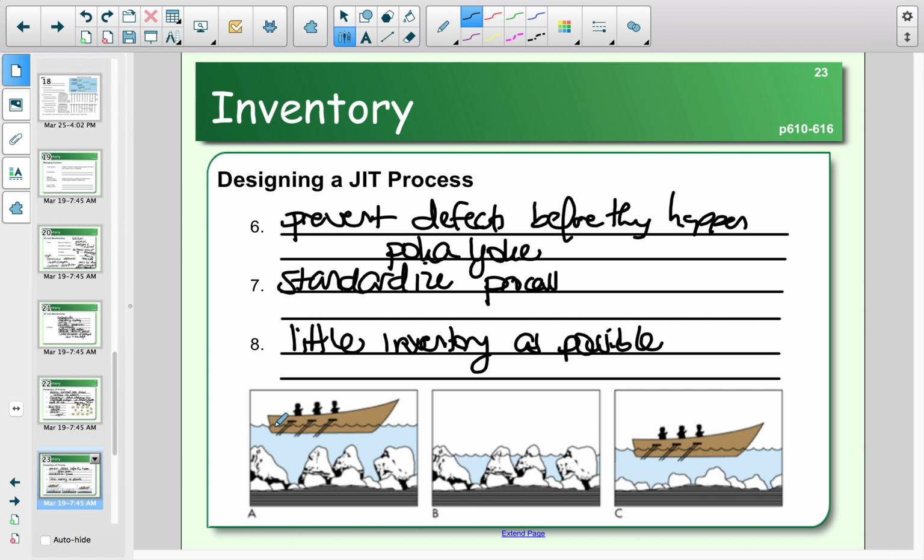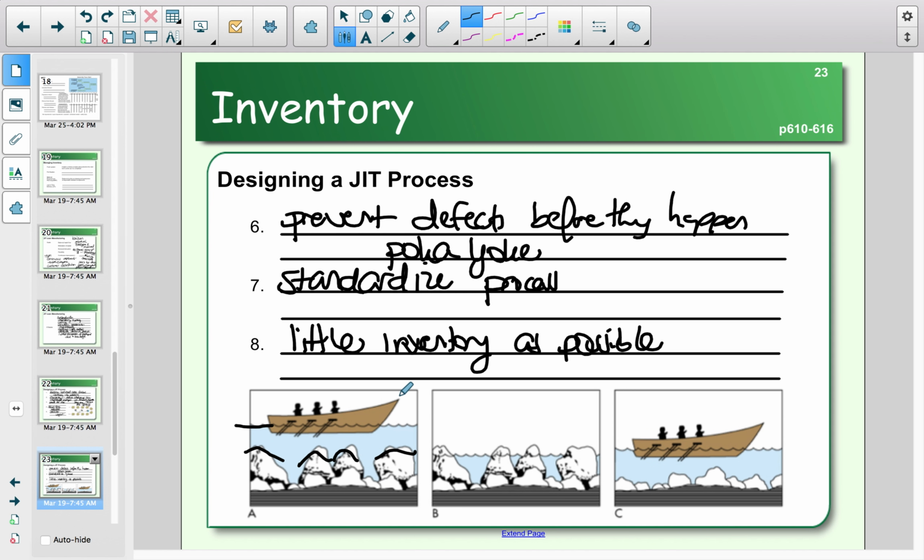The idea with just-in-time management is to take away that inventory that is that safety net or buffer. Think of it as, here's the water level, and see how the water is up above the rocks. The rocks are defects, problems, inefficiencies. As long as the excess inventory is high, we can ignore those inefficiencies and defects because we have extra stock in case what we go to sell is defective.